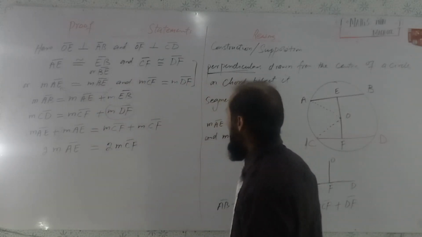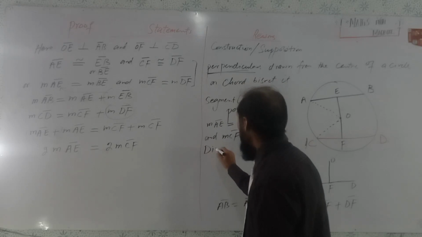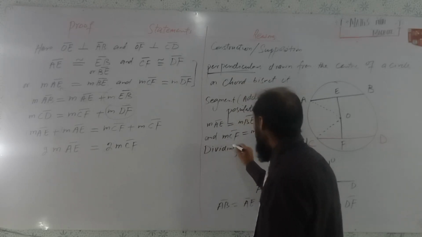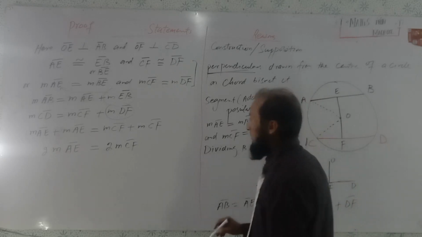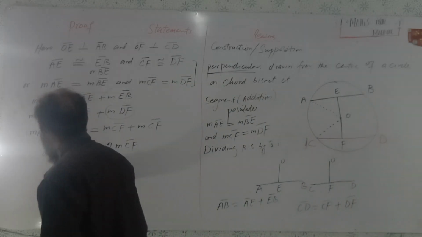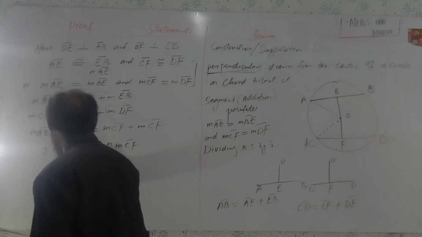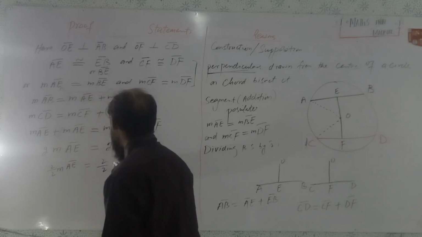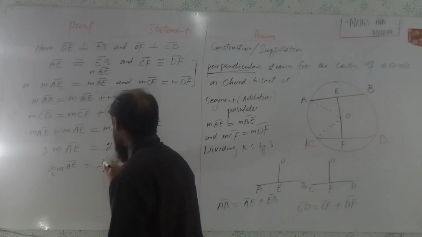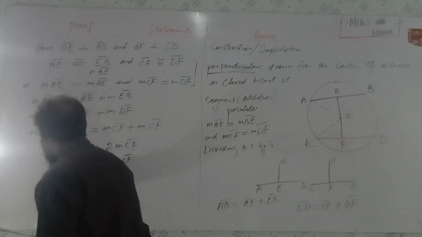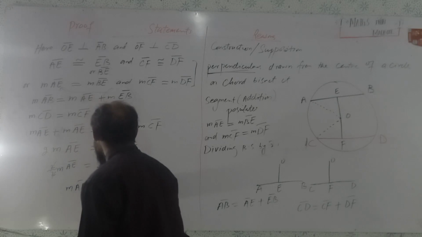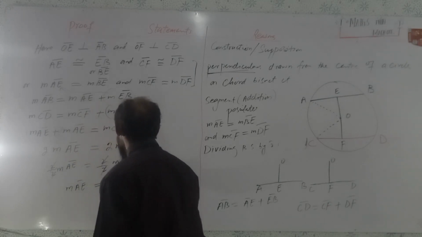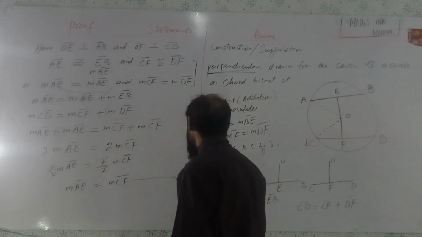Dividing both sides by 2, the 2s cancel, and we get measurement AE equal to measurement CF. We call this equation number one.